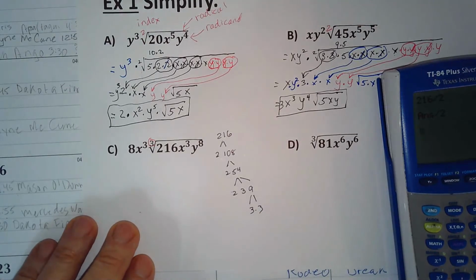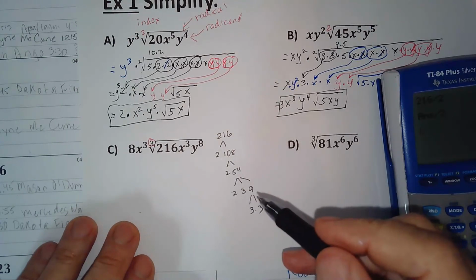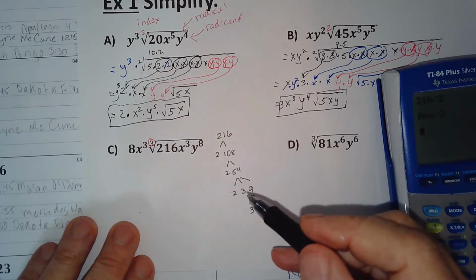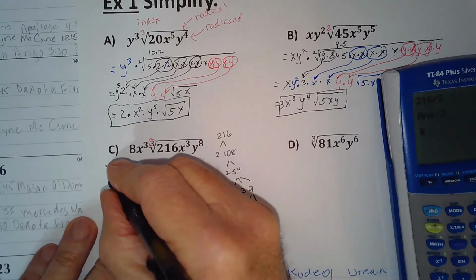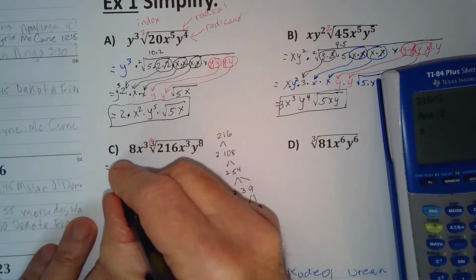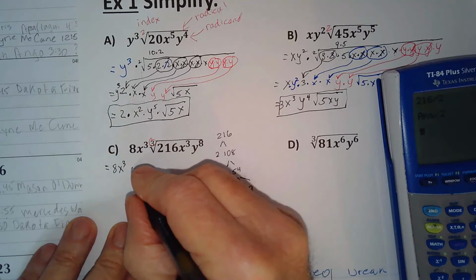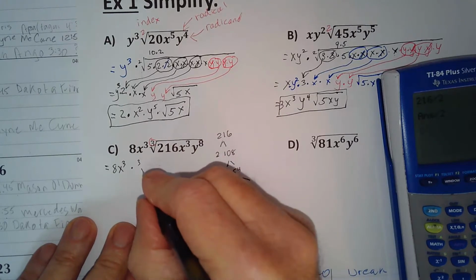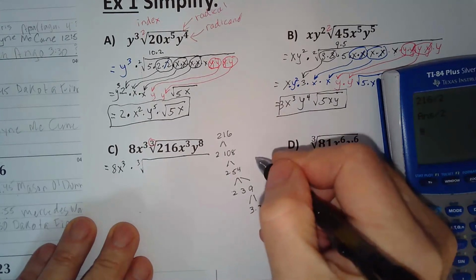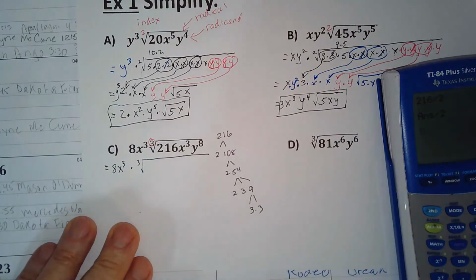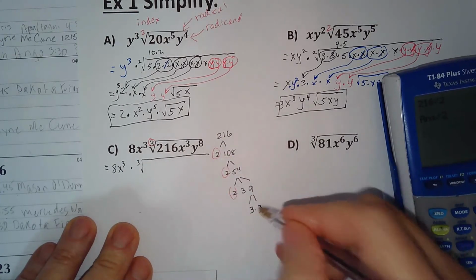Okay? So what do we get out of that? We've got 1, 2, 3 2's. So let's just do it this way. Let's write this over here. We have 8x cubed, which we'll leave outside, and then times the cube root of, and under this radical sign, we have 1, 2, 3 2's, no more 2's.